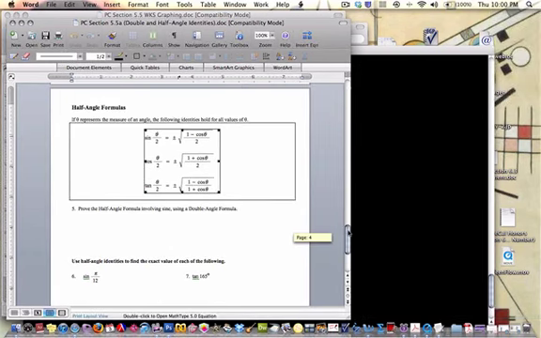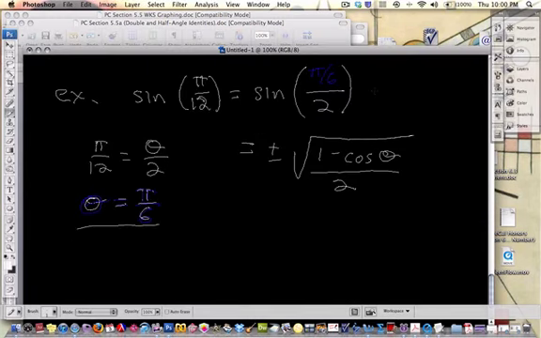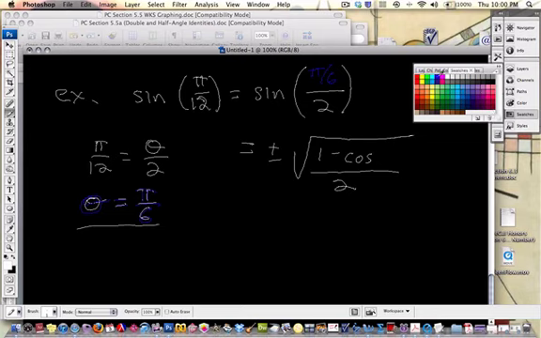And according to my formula, and this is the one we derived, it's plus or minus the square root of 1 minus cosine theta over 2. Make sure it's the minus. Yes, that's what I want. Now again, I'm going to erase where it says theta, and replace it with pi over 6, because that's my theta.